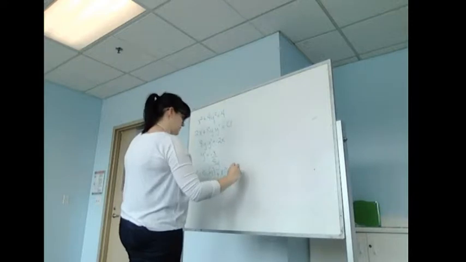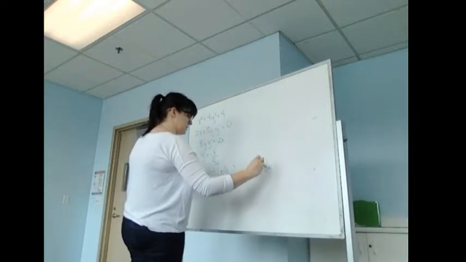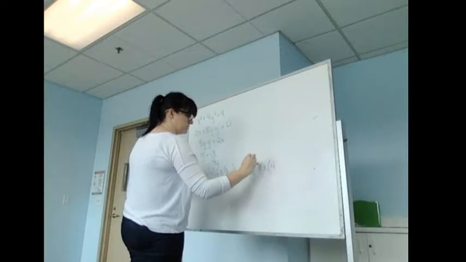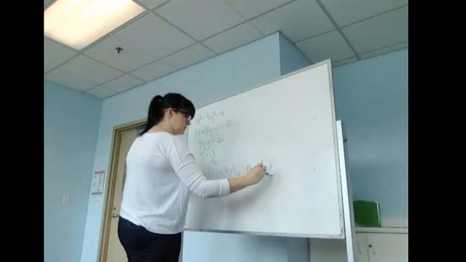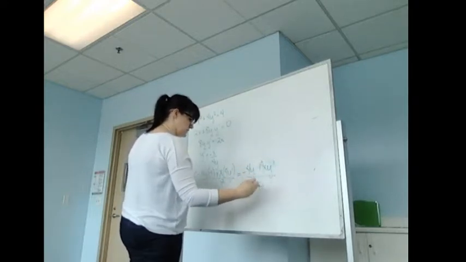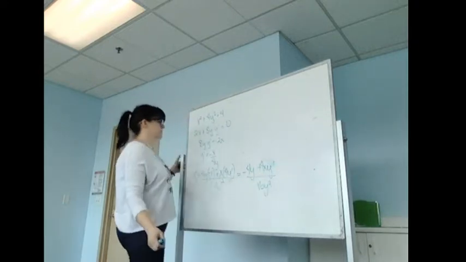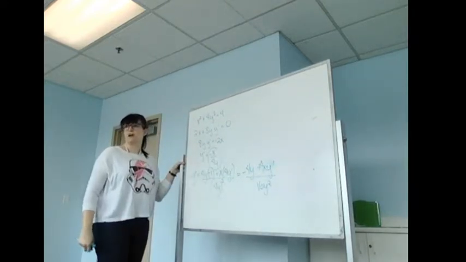That equals negative 4y plus 4x times y prime over 16y squared, but y prime equals negative x over 4y.